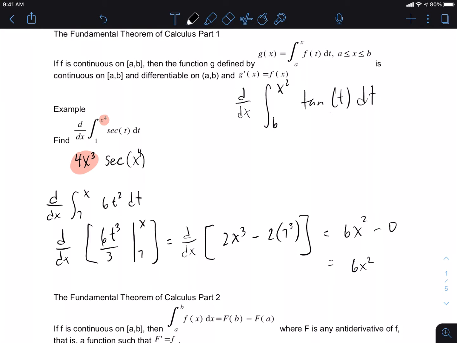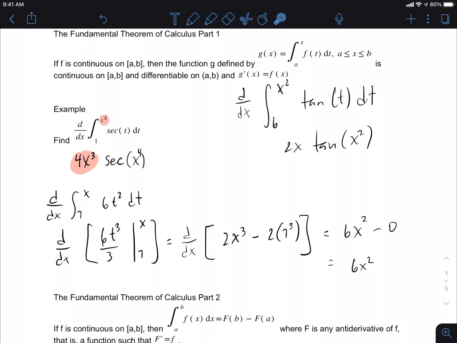You guys got it? Almost. It should be this fast. What's the derivative of that? 2x. Plug it into there. Boom. Oh, okay. Makes sense.